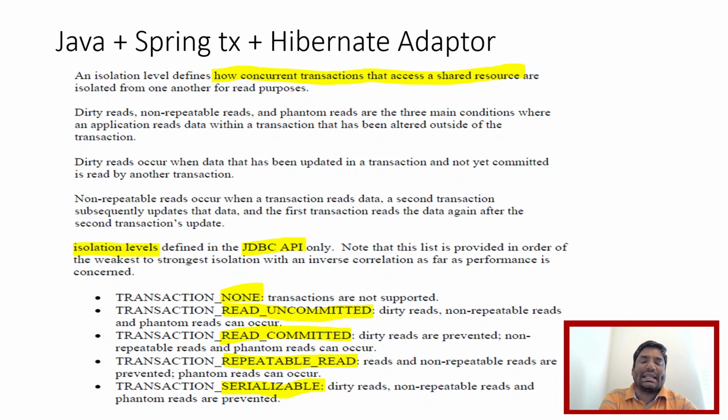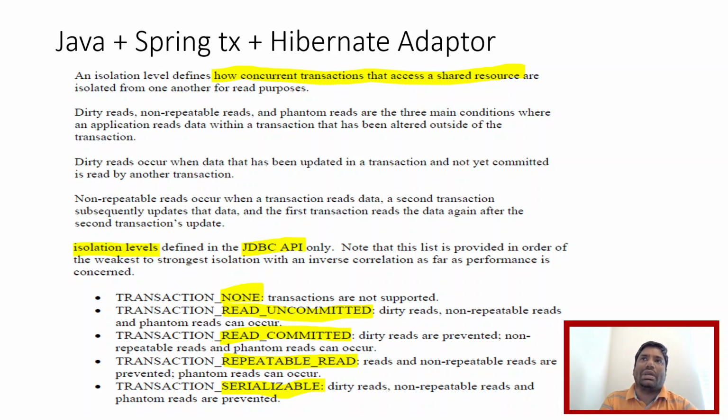And transaction read committed is another isolation level which says that dirty reads are prevented, but non-repeatable reads and phantom reads could occur. And repeatable read: here dirty reads and non-repeatable reads are prevented, but phantom reads can still happen.